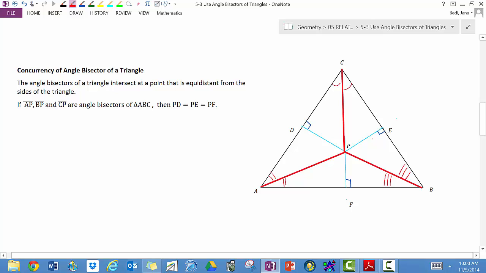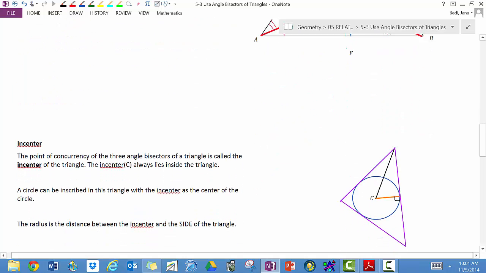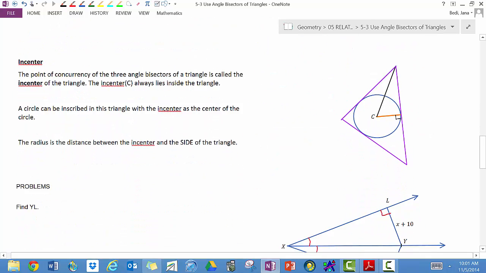So we can notate that by showing this. EP and PF will be the same measure. Not only that, you'll see in the next sketch that PE, PD, PF are the radii of the circle that is inscribed in this triangle.